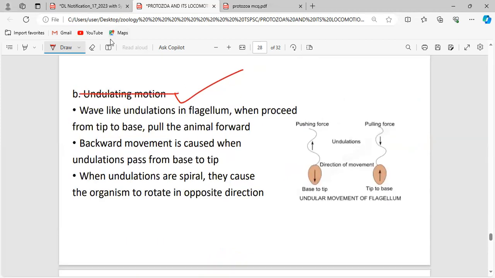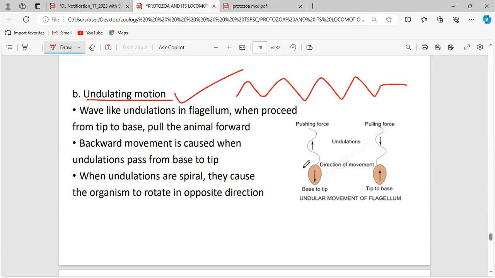And undulating motion. Undulating motion is like wave-like undulations. The animal will move from one place to another by producing wave-like undulations of the flagellum.